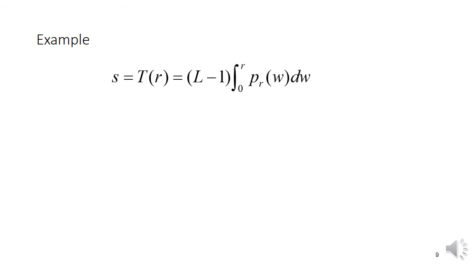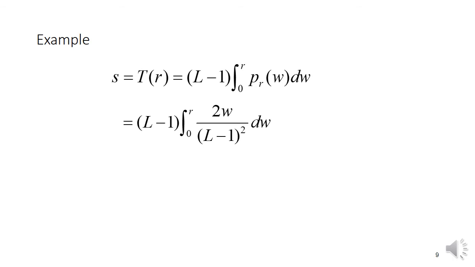we have this. So we already know that after transforming all the values in R, we get S, and this transformation applied upon R equals L minus 1 times the integration from 0 to R of probability of R of the input pixel W, dW.